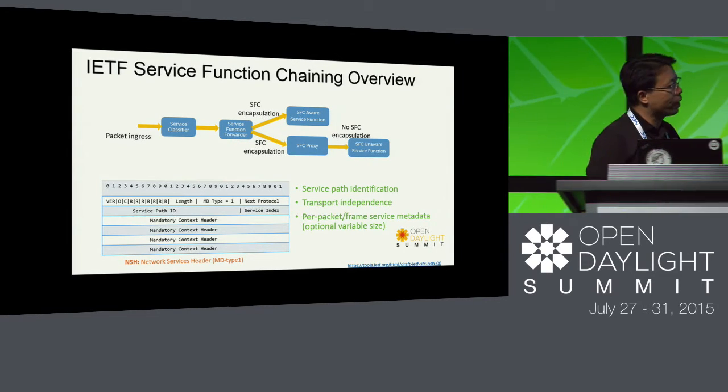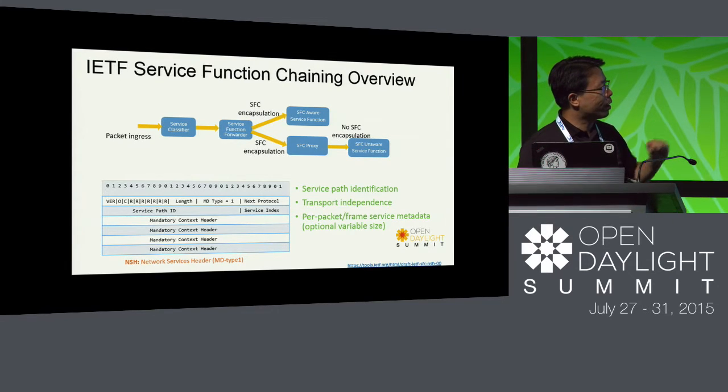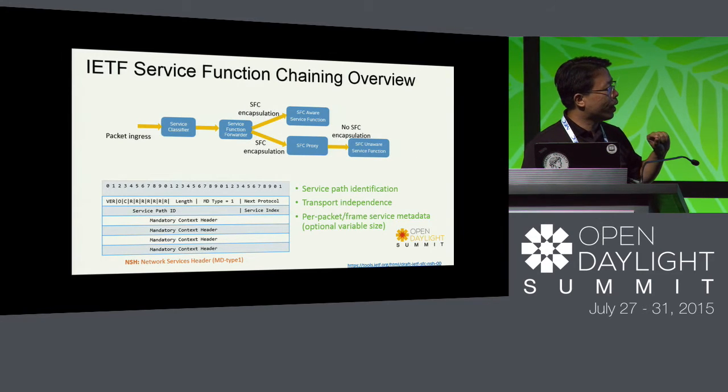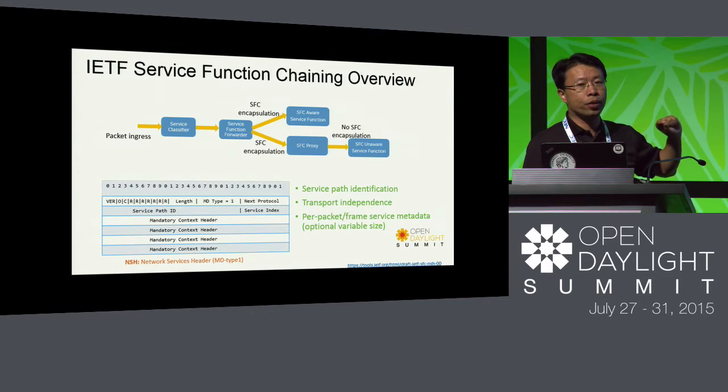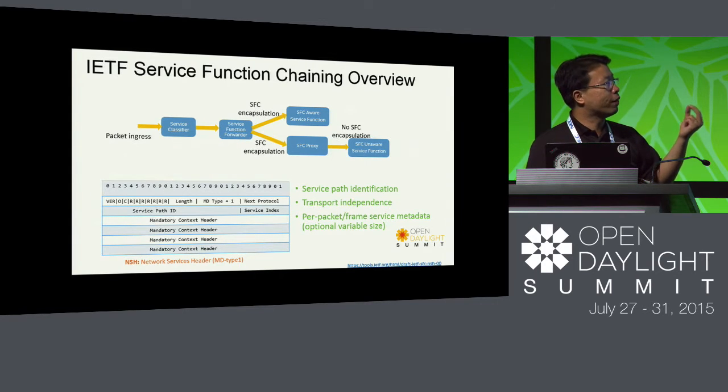As shown here, this is the packet format for the NSH header. Basically, it contains two parts. The first part is the path information, which carries two fields: the service path ID, which is a unique ID of the rendered service path. With this information, you can leverage the other components defined in the spec, for example, the service function forwarder.